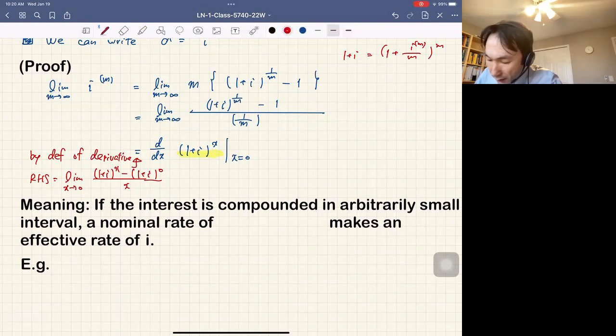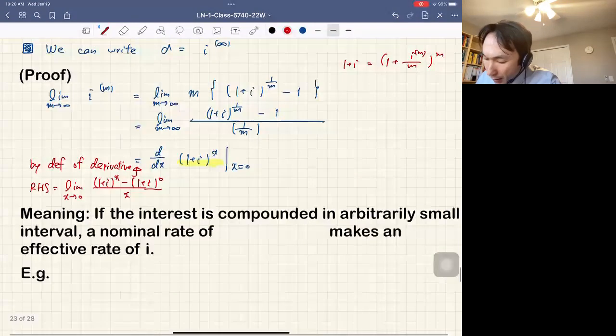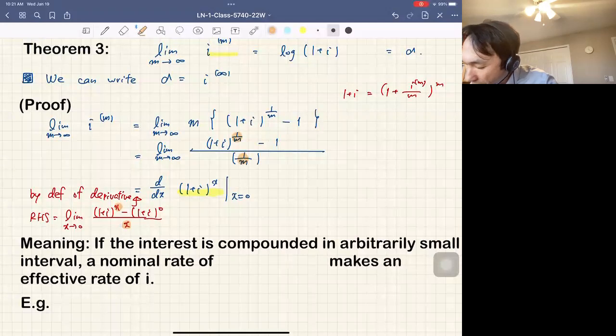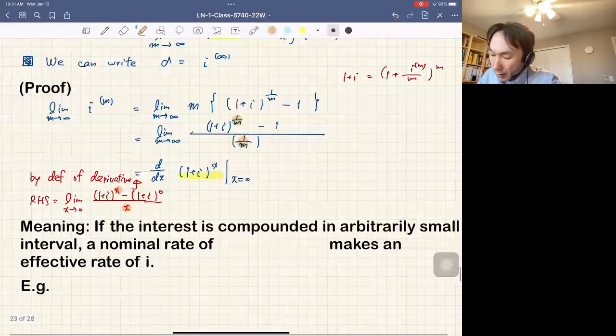That is the derivative of (1 plus i) to the power x at 0. And you can see that x goes to 0, which is the same as m going to infinity when x is 1 over m. So this is just the definition of the derivative of (1 plus i) to the power x.